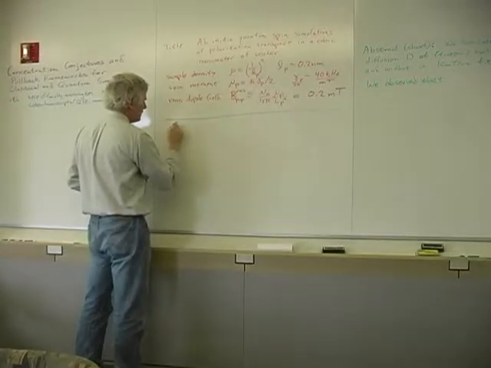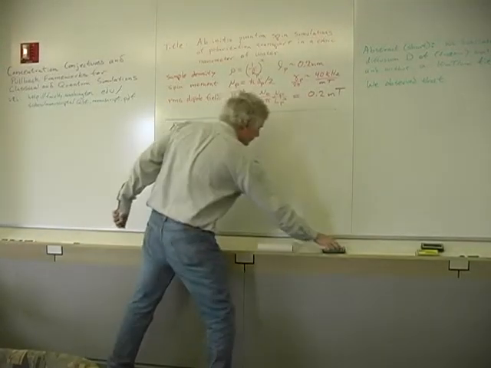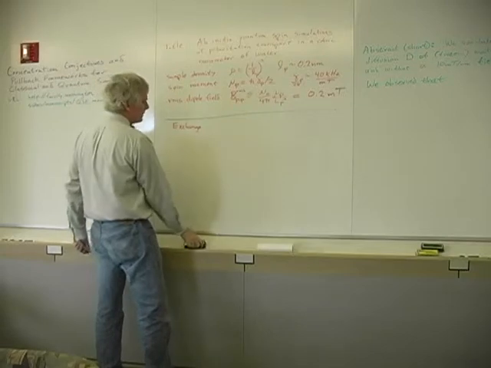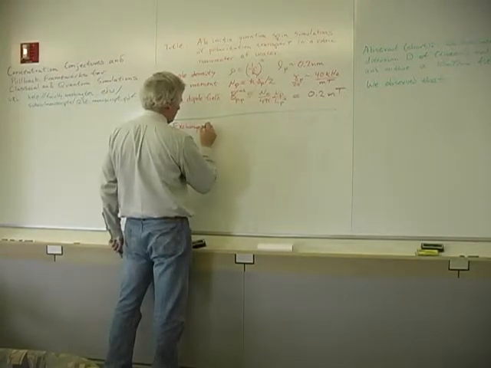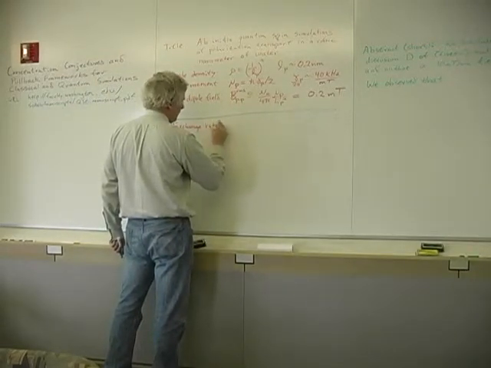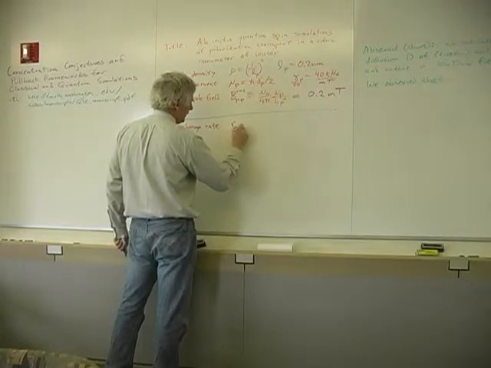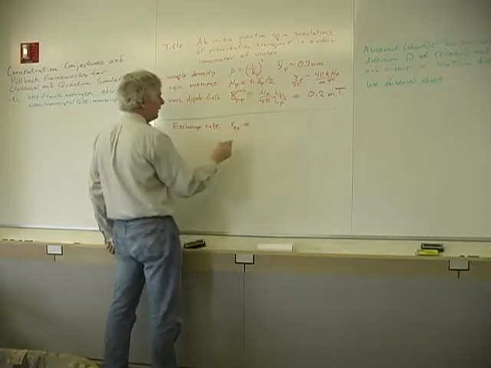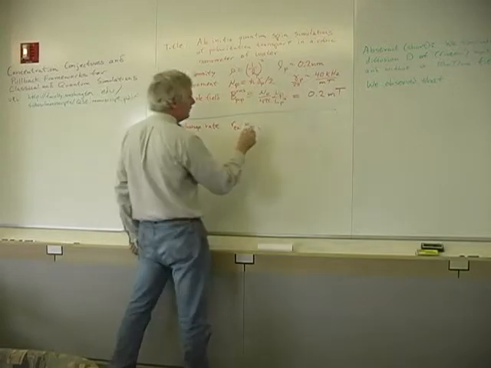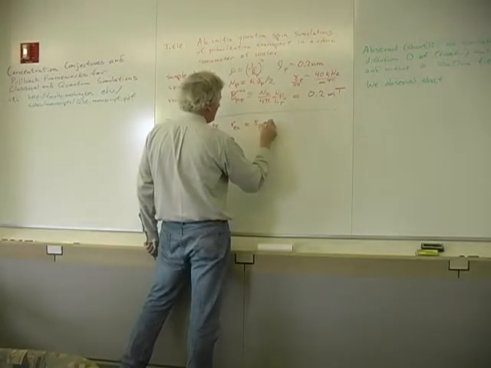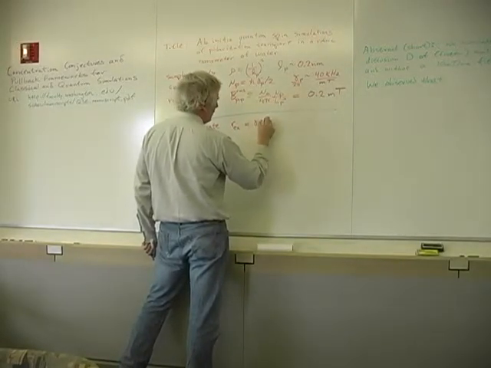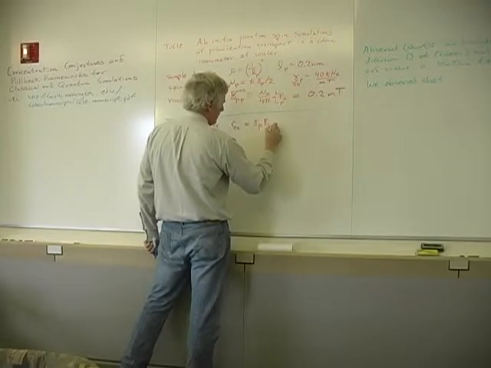The exchange time. So how long does it take polarization to swap between two protons? I'll call that R exchange. And that is going to be gamma p times B PP.